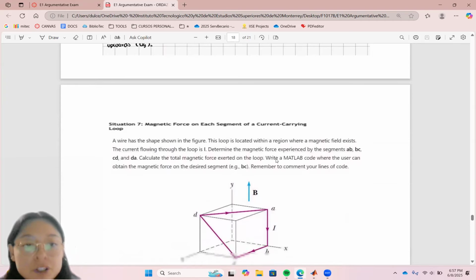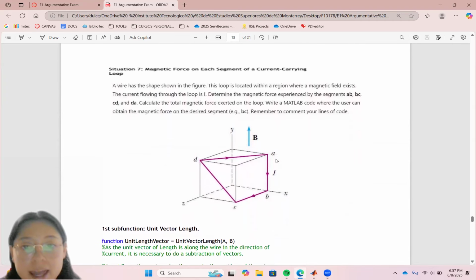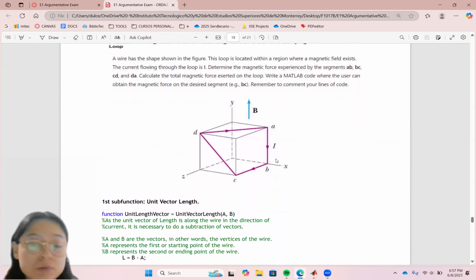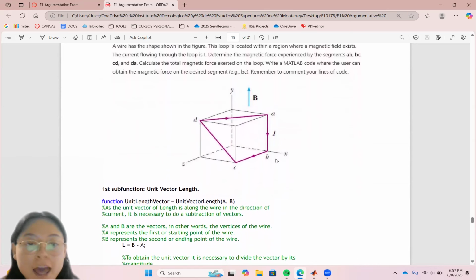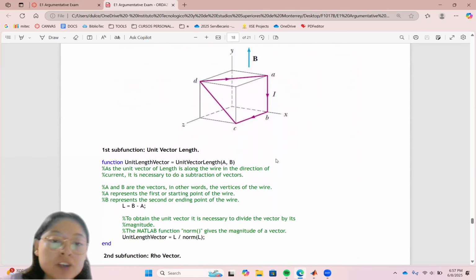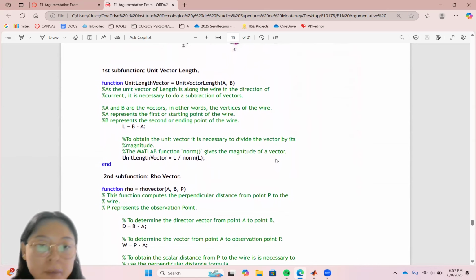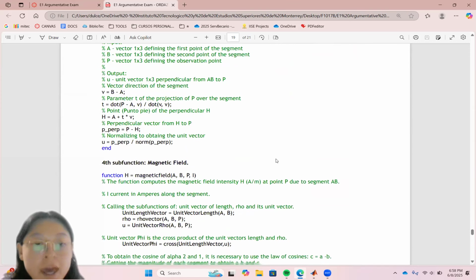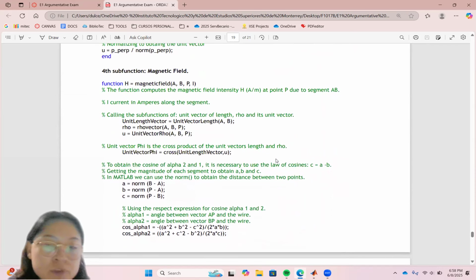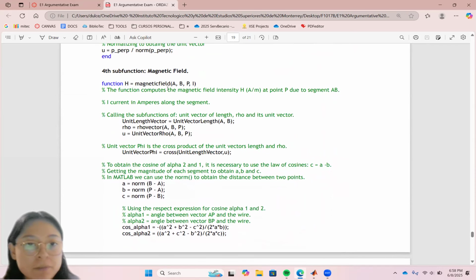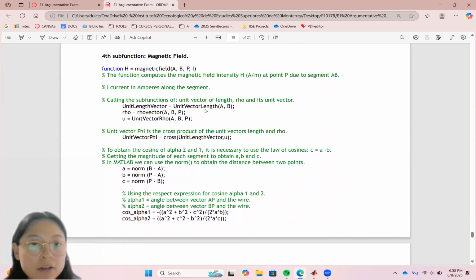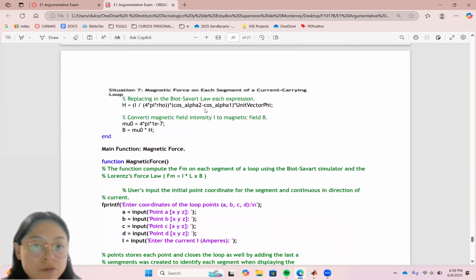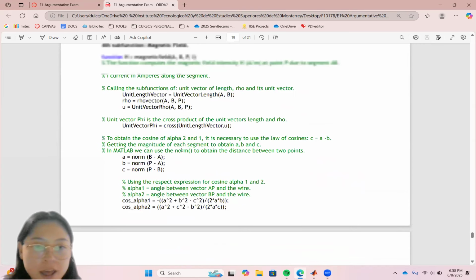Then going to situation number 6, I use my Biot-Savart law simulator that we already did, and the subfunctions for unit vector, row vector, and unit vector row remain the same. I simply modify the subfunction for magnetic field and the main function.